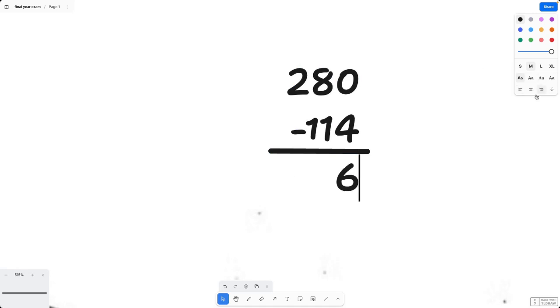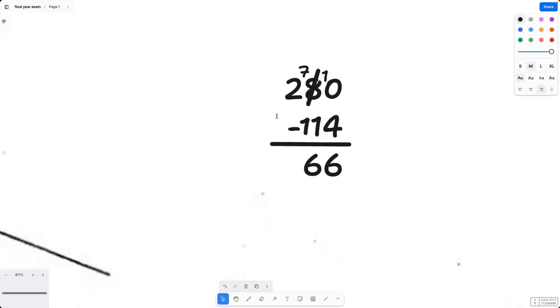So I'm going to put it like this, and then we put 1 over here, and we take the 1 from our 8. So this will give us 7 instead of 8. I'm going to put a line over here, so this 7. 10 minus 4 is 6. 7 minus 1 is 6.